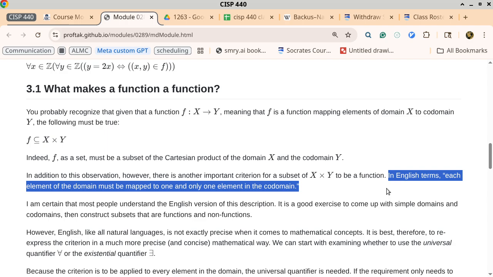The phrase one and only one means we're counting, and it has to match exactly one. And the only mechanism that we can use for counting is cardinality. So now the question is, what kind of a set do we put inside the cardinality sign?